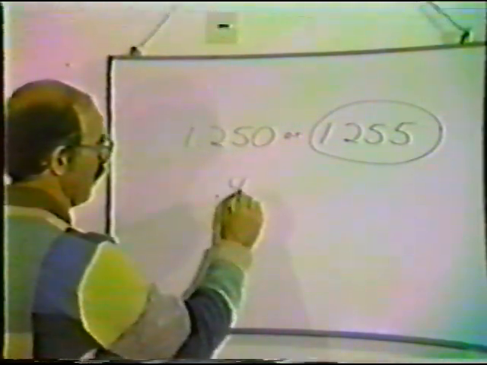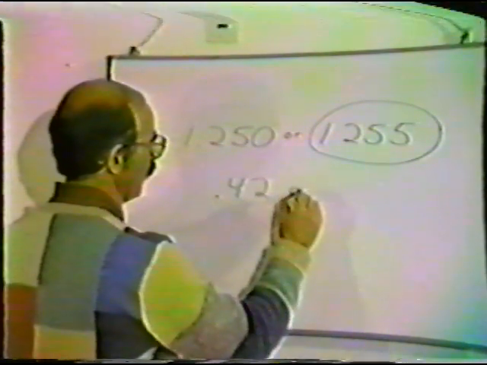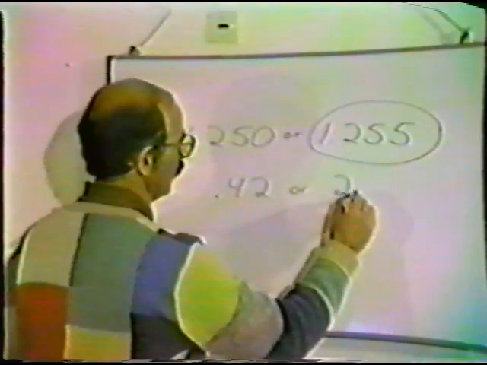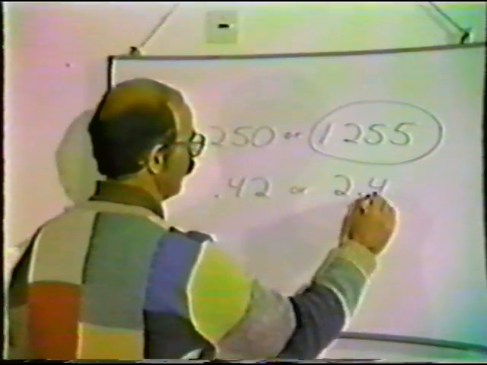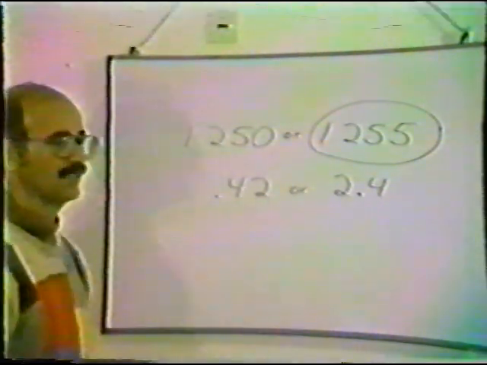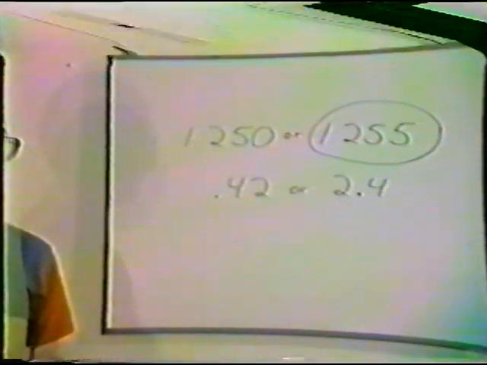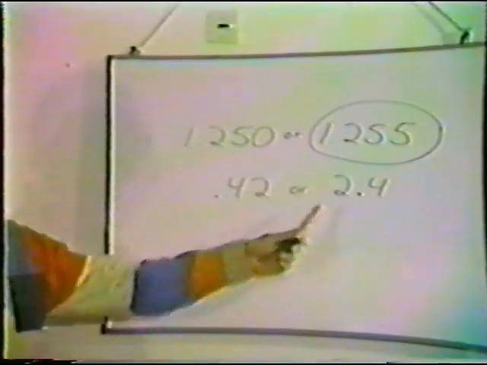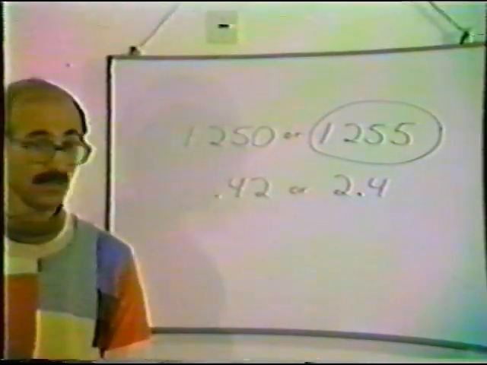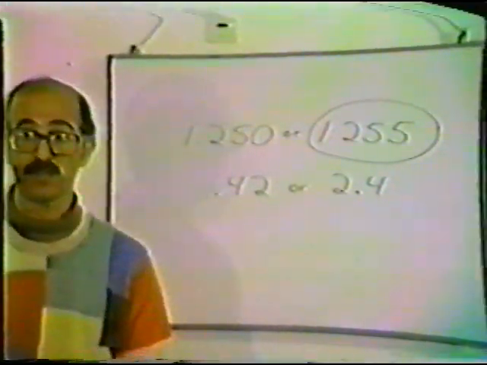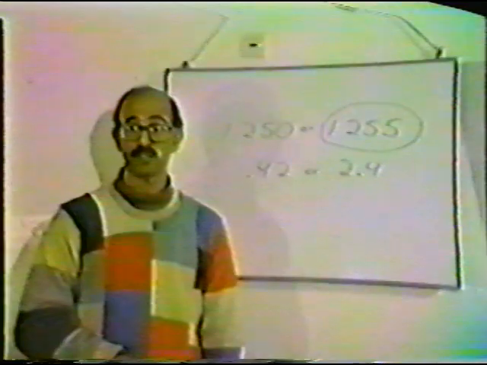0.42 or 2.4. Which is the larger? 2.4. But this is 42 and this is 24, Uncle Dan. So 42 is bigger than 24, so I think this one is the larger one.